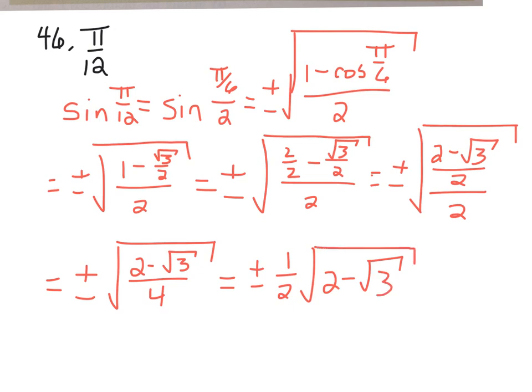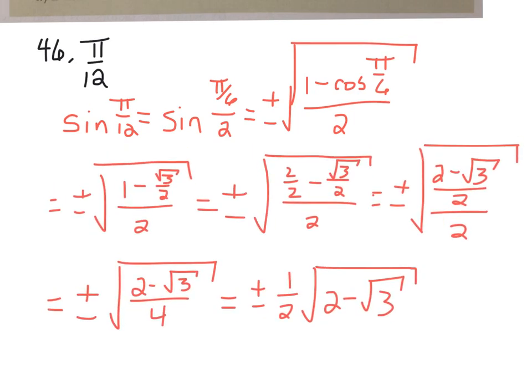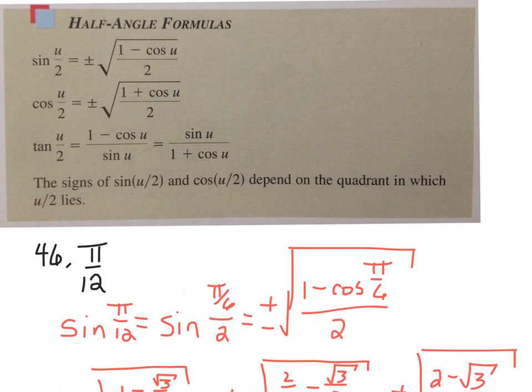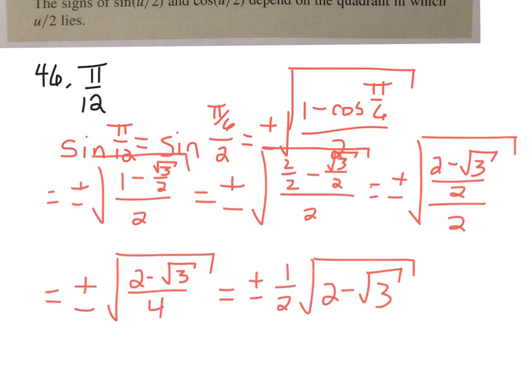Okay, so that's sine. If you noticed, the formula for cosine is extremely similar. So let me get to that. The only difference between the sine and cosine is the sign here. That's a minus and that's a plus. We're finding the same value, so there's really no need to go through a whole bunch of this for the cosine.